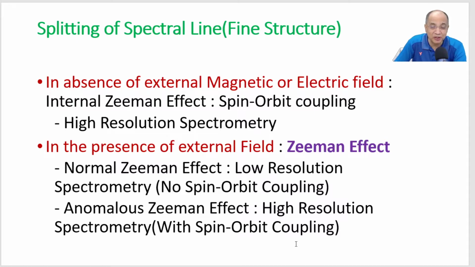And under high resolution spectroscopy, in the presence of magnetic field, that would be called anomalous Zeeman effect, where splitting is due to two reasons. One, due to spin orbit coupling, we do not know, don't worry what is spin orbit coupling, and one due to the external magnetic field.